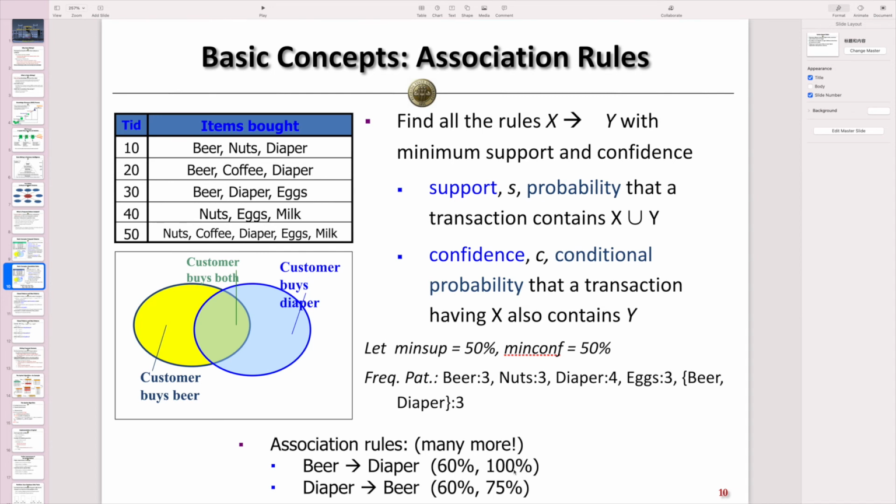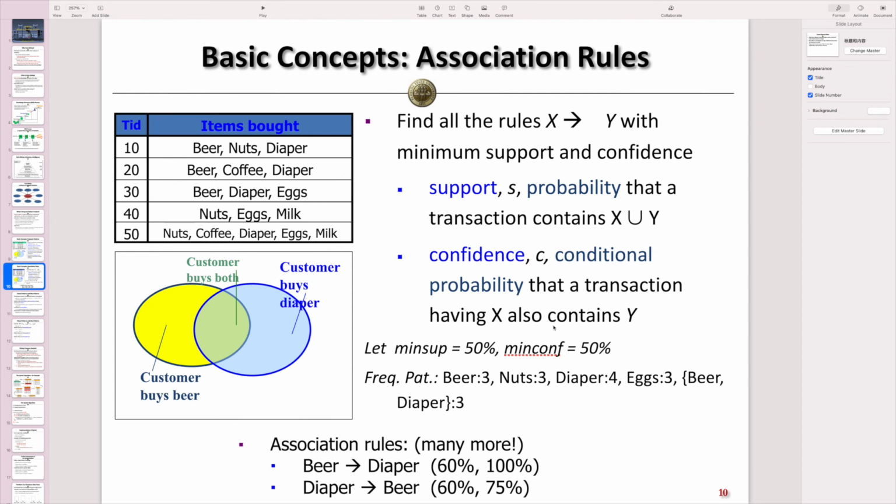We can also find another rule, which is diapers implies beer. How about its support and confidence? According to the definition of support, it will be the same as the previous one, because they both contain beer and diapers. The probability will be about 60% among all the transactions. How about its confidence score? Here it will be very different, because we are considering the conditional probability.